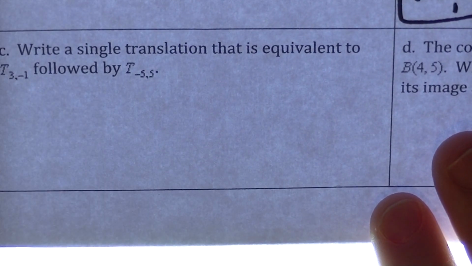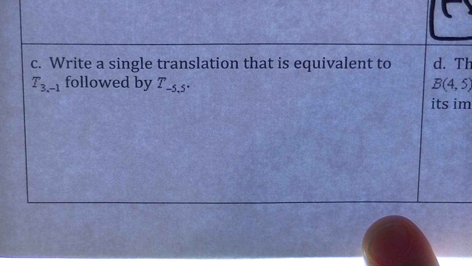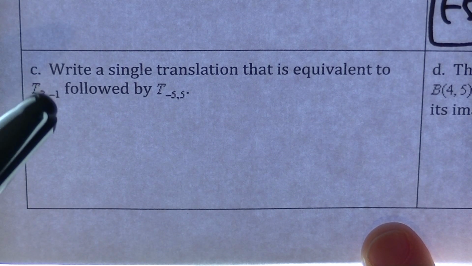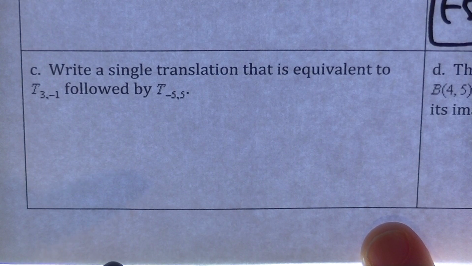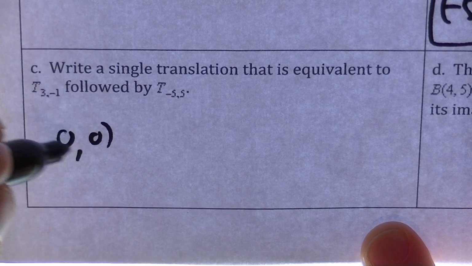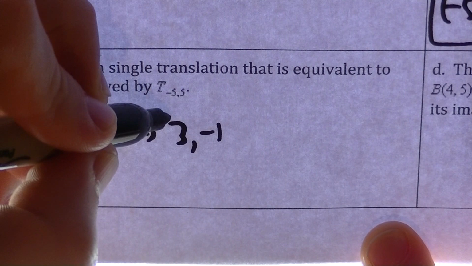Let's keep going. Write a single translation that is equivalent to a translation of (3, -1) followed by a translation of (-5, +5). So if I did first (3, -1), let's say from (0, 0), that would get me to (3, -1).